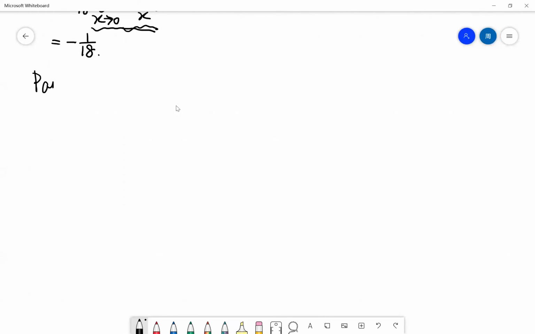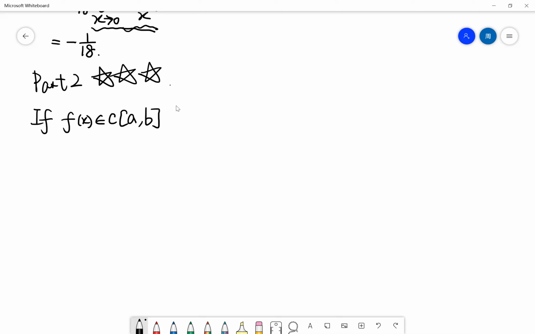And this part, we use it to calculate the definite integral without drawing the graph. So here, the theorem says if the function f is a continuous function in the closed interval AB, and you can find one antiderivative of this function f.